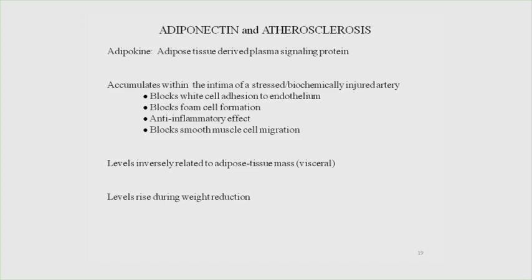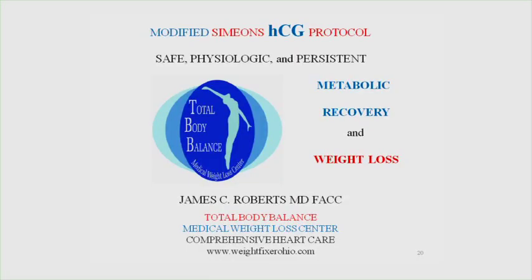It will accumulate within the artery wall of a stressed or biochemically injured artery, such as in a patient with atherosclerosis, and have an immune downregulatory effect. So we want to see adiponectin rise, we want you to exercise, we want you to lose weight. Thus, in our program that is designed to treat and prevent cardiovascular disease with particular attention to immune modulation, we have decided to include a weight loss program.